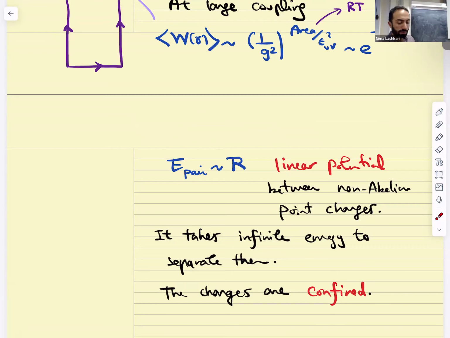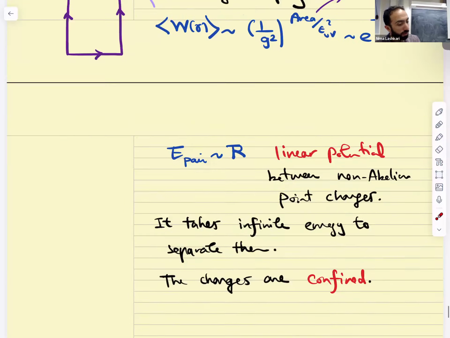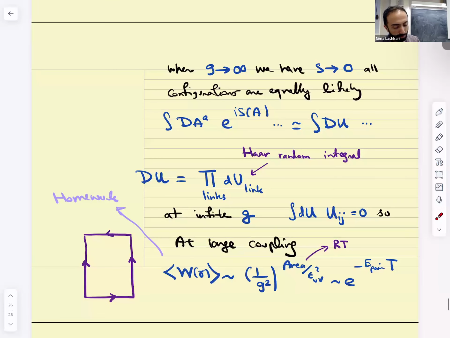Questions? Could you please go back? Down, no, up. Yes, so how did we get the last one? So this 1 point function is e to the minus E pair times t. The area is RT, therefore the E pair should be proportional to r.